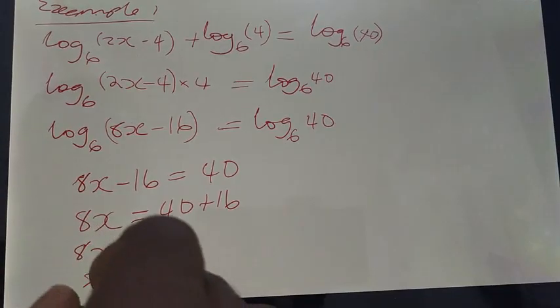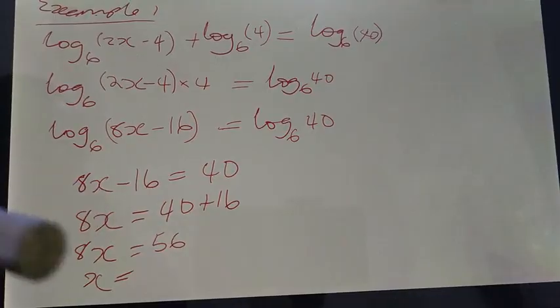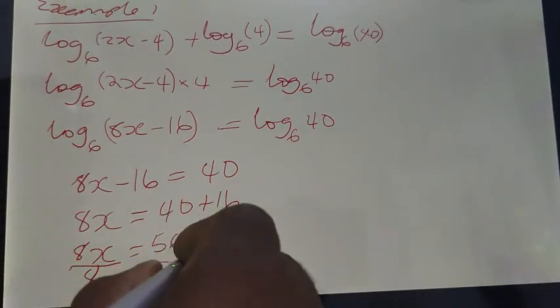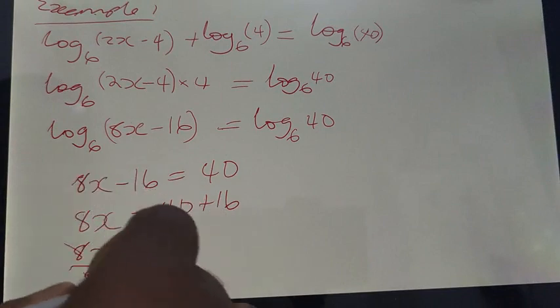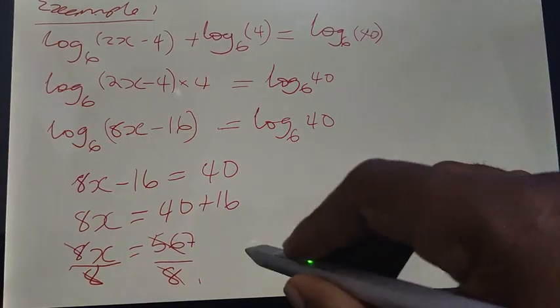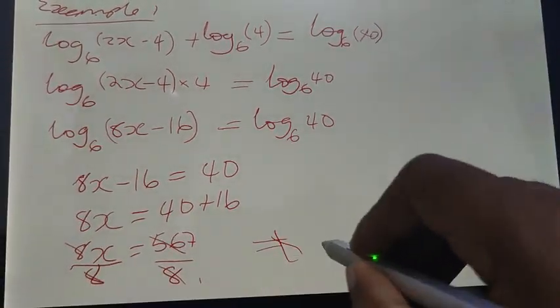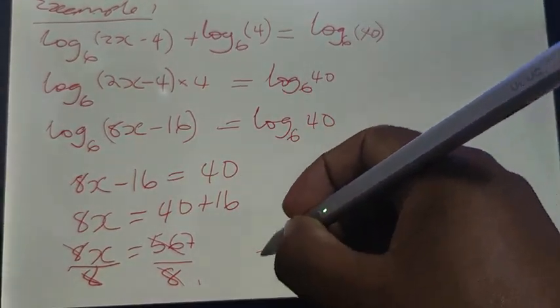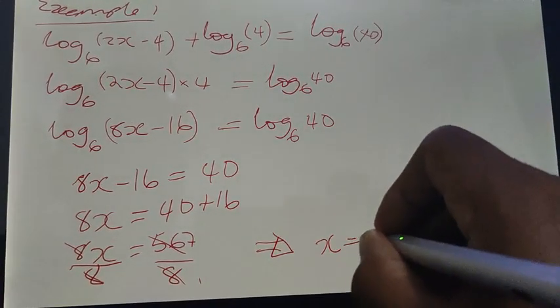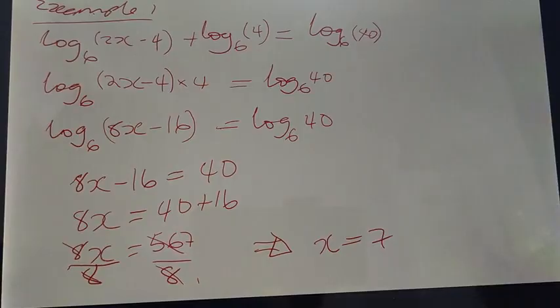After dividing both sides by 8, that's 7, which means your x will be equal to 7.